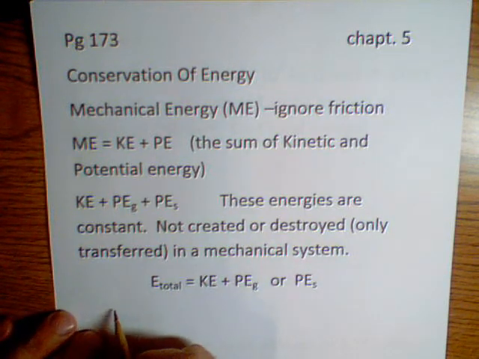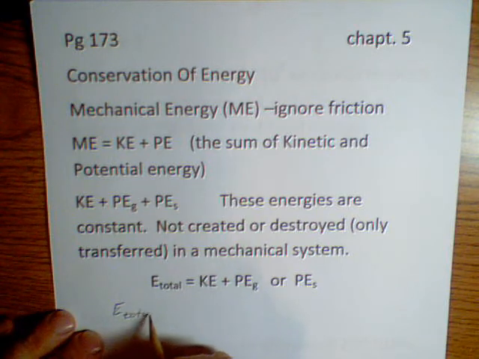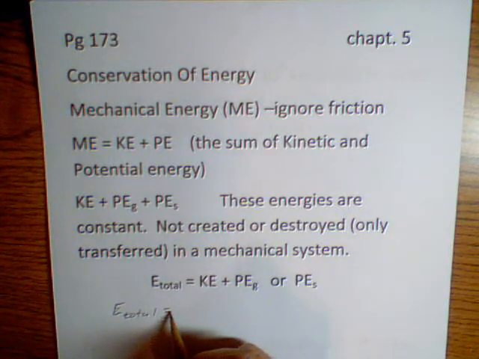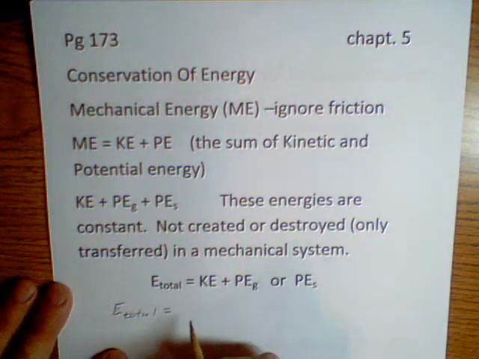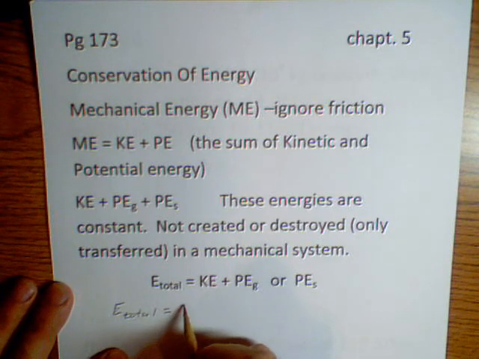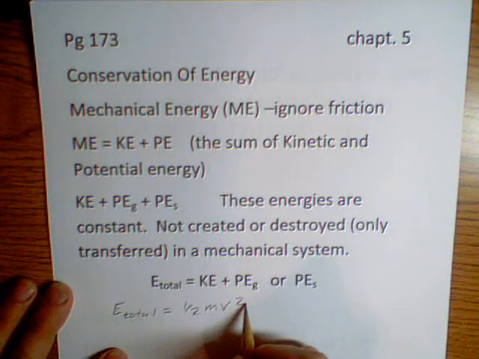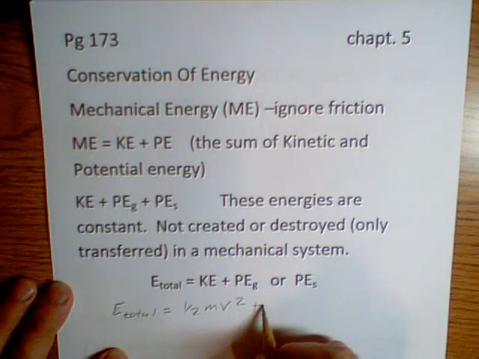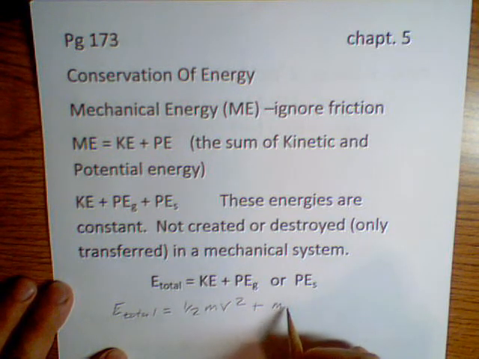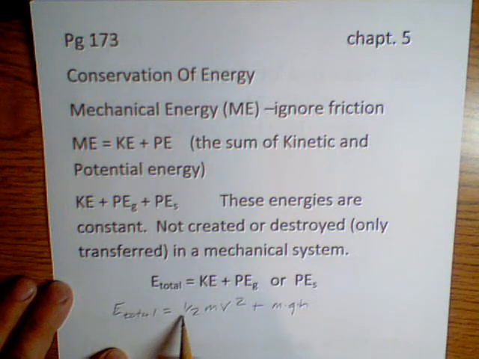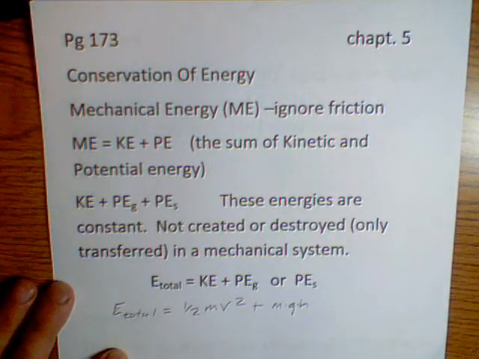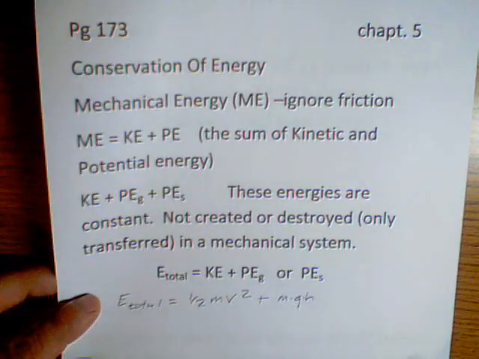So the total energy, for example, will include the equation 1/2 mass times velocity squared plus potential energy due to gravity, which is mass times gravity times height. So you'll have to put both of those together.